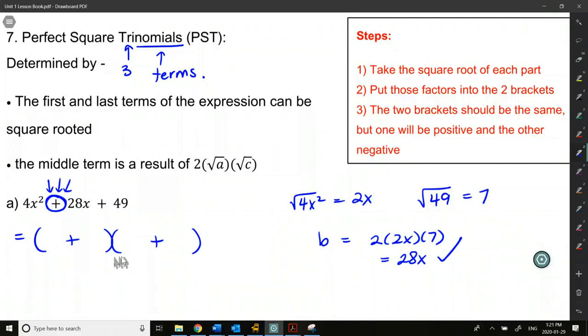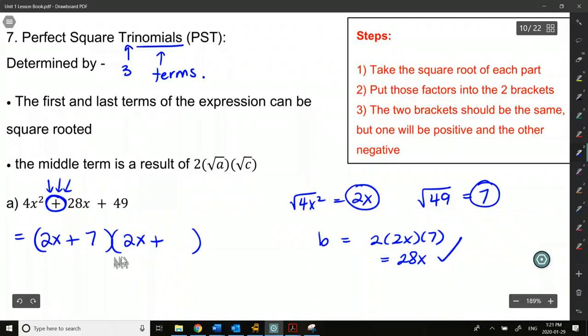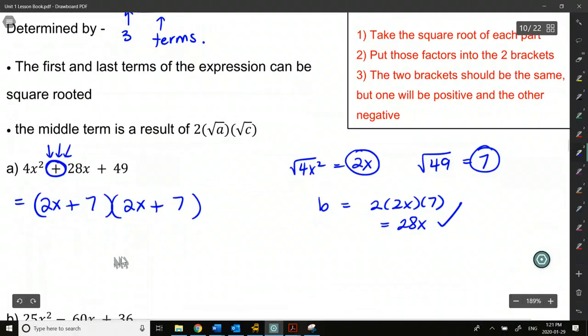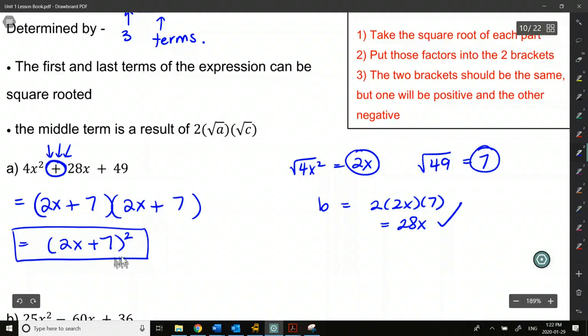And then we put in the square root of the first and square root of the last. So I'm going to put in 2x for the first one, and then the square root of the last term. Kind of similar to difference of squares, but a little bit more tricky to identify because they look like regular trinomials. And then we just write it as 2x plus 7 squared.